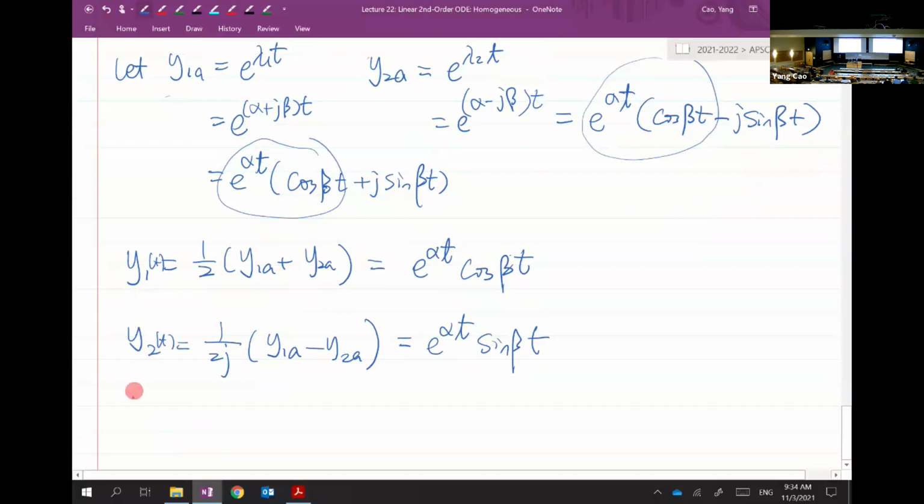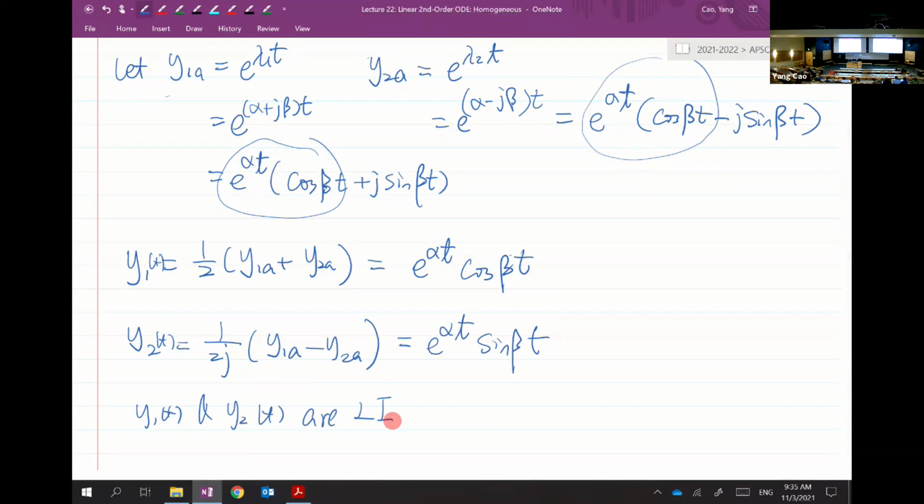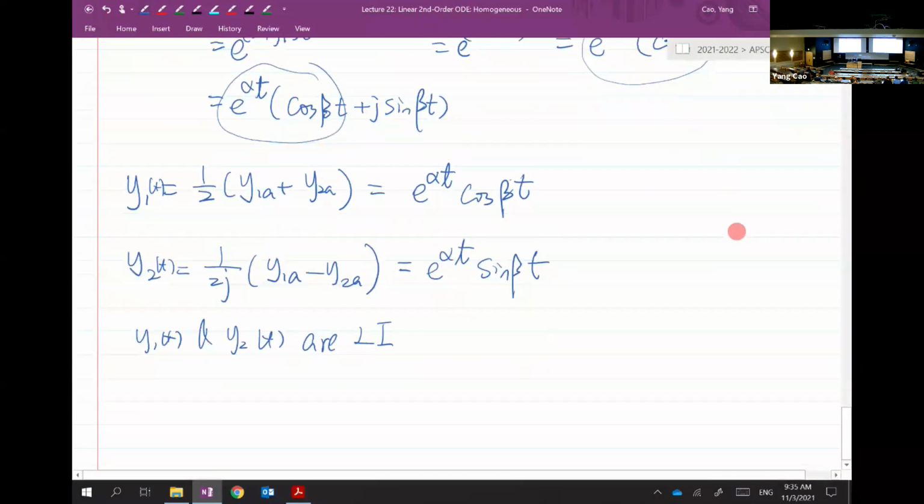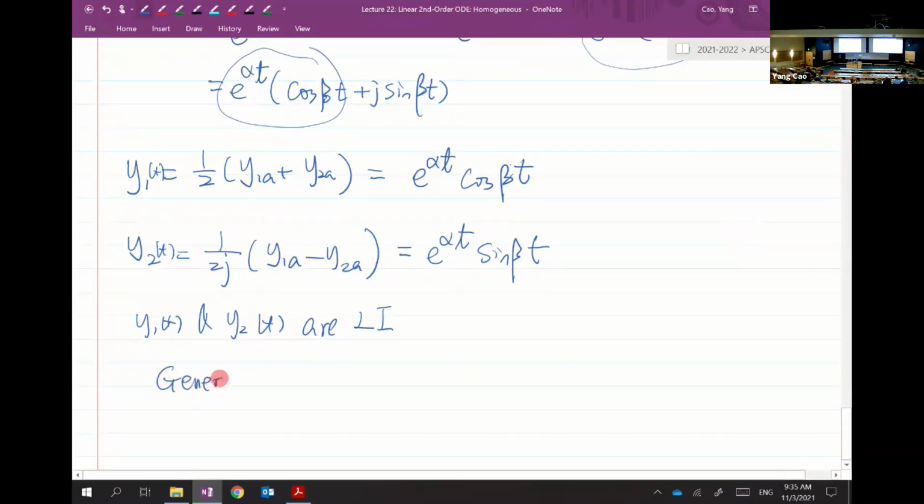You can easily show that y1 of t and y2 of t are linearly independent of each other. If they are linearly independent and there are two particular solutions, then the general solution is y of t equal to C1 y1 plus C2 y2.